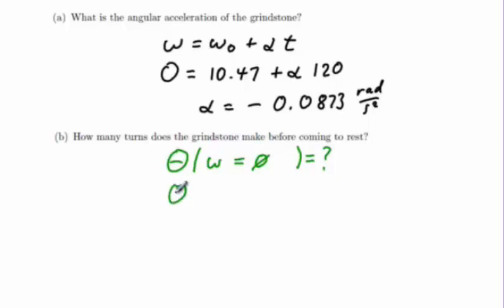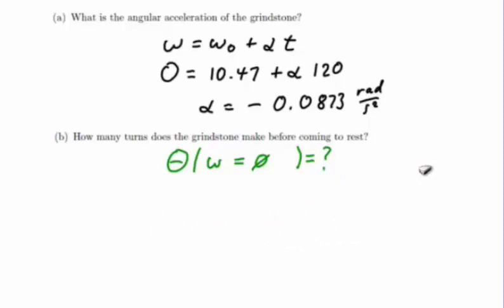We can also use the fact that we've been told in the initial formulation of the problem that this takes 120 seconds. Either one of these formulations, using the theta omega equation for the first one or the theta t equation for the second one, will yield us the correct answer for the number of turns that the grindstone has undertaken.